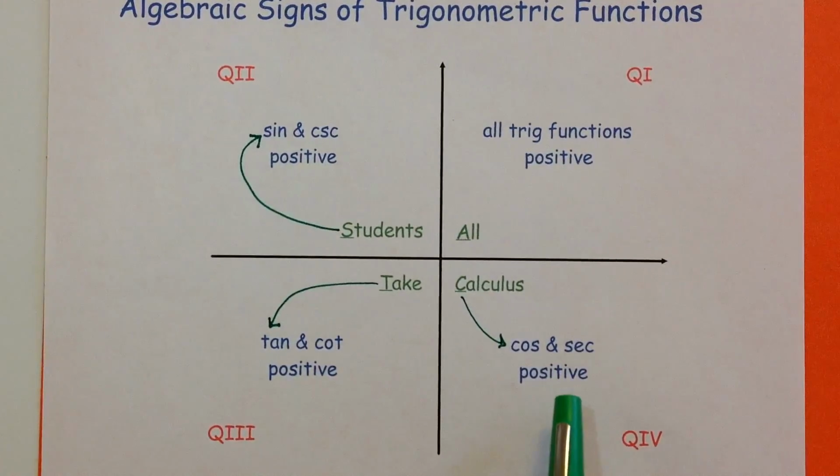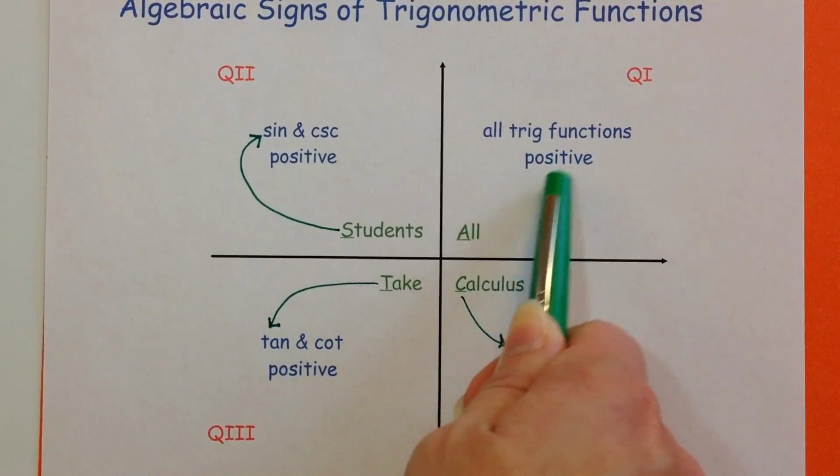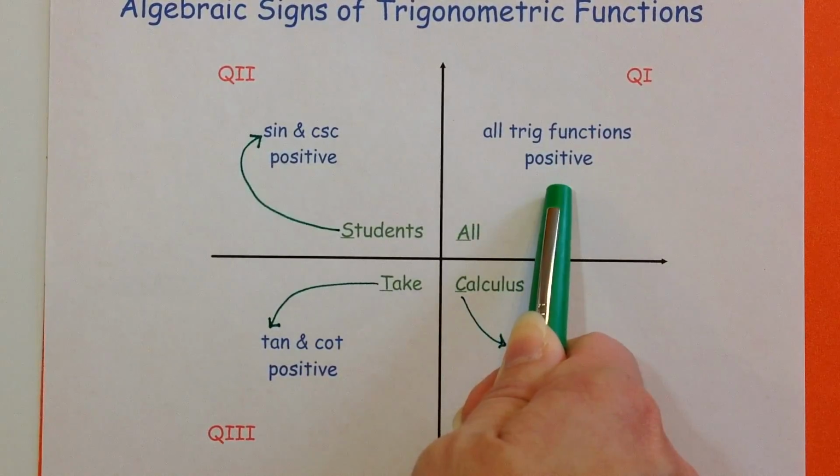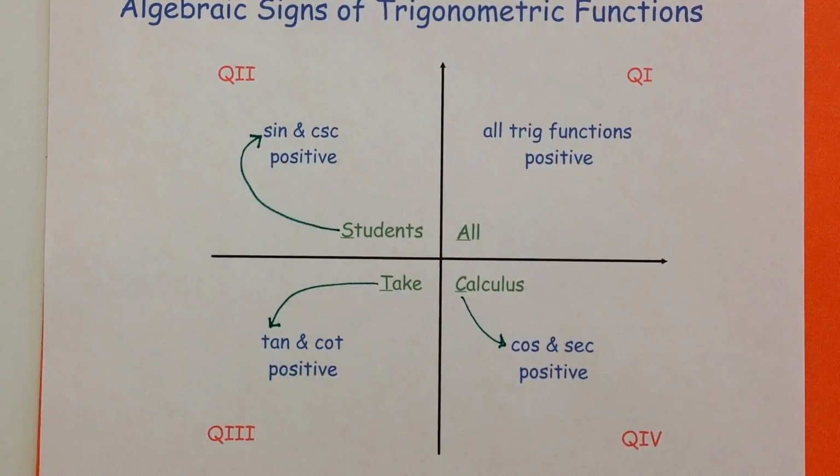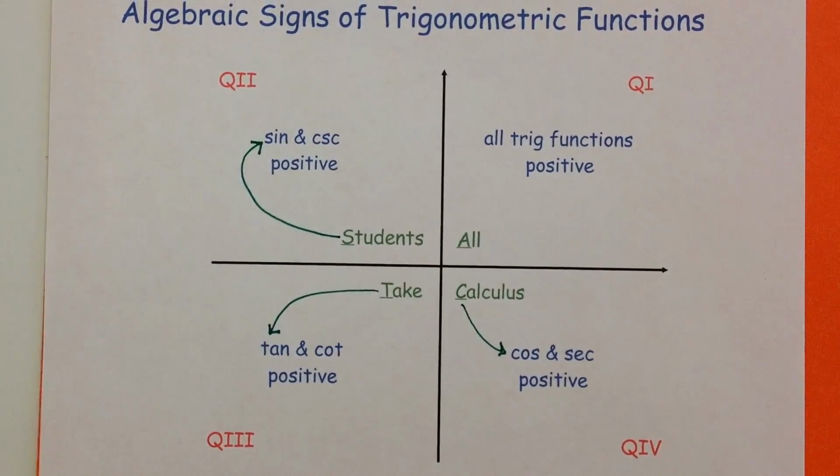I know that secant is positive here, but then that would mean secant is going to be negative here and here. So sometimes you're going to be asked about where things are negative, but you just reason from this where things would be negative.